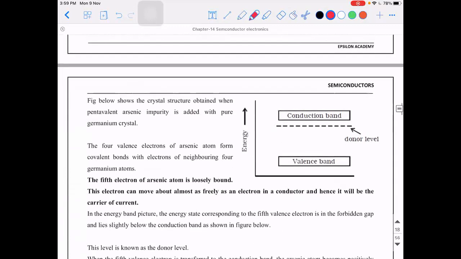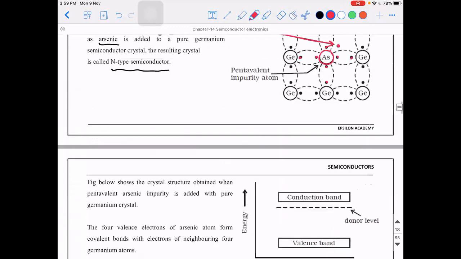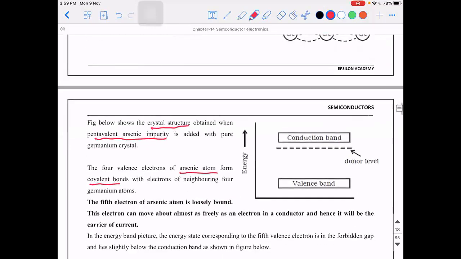From this, what we can conclude is, this is the structure they're trying to talk about. The figure below shows the crystal structure obtained when pentavalent arsenic impurity is added to a pure germanium crystal. The 4 valence electrons of the arsenic atom form covalent bonds with electrons of the neighboring 4 germanium atoms.